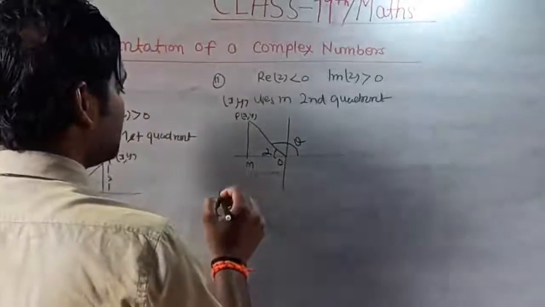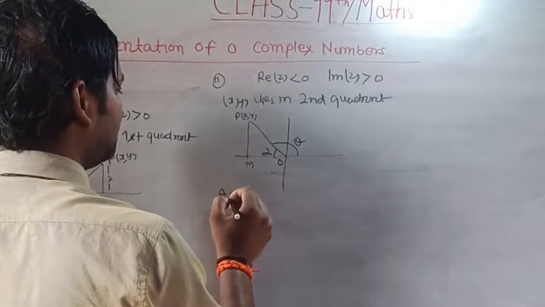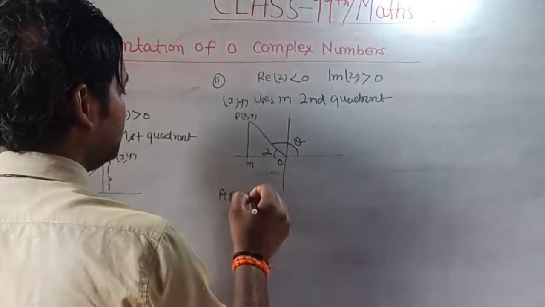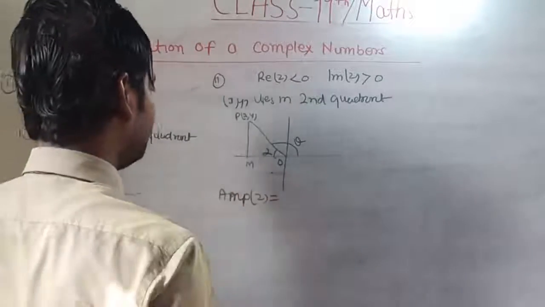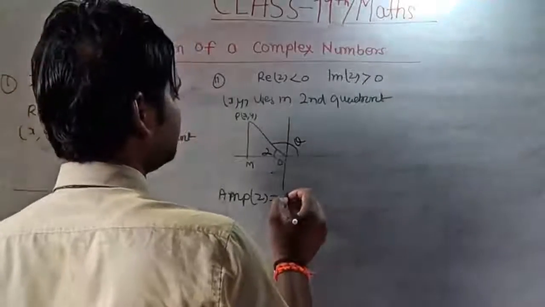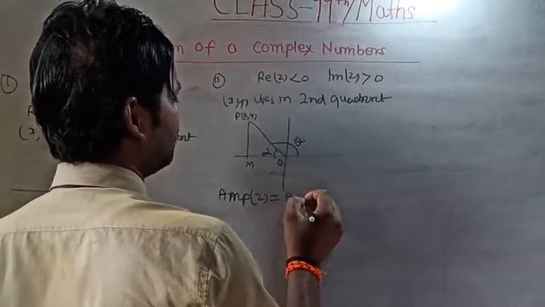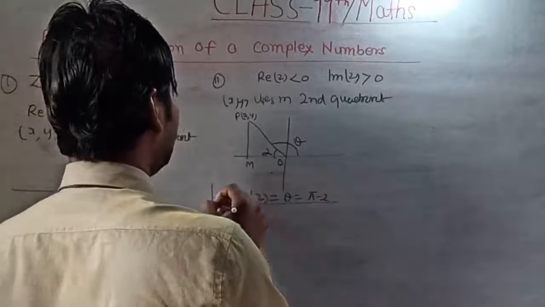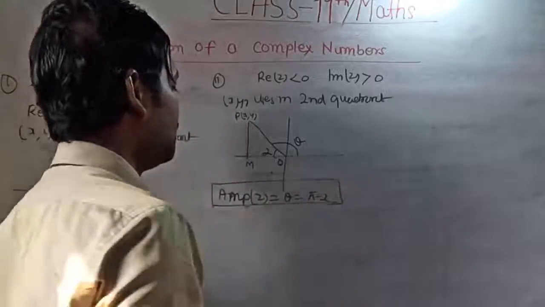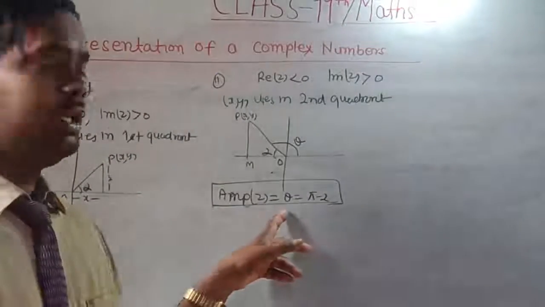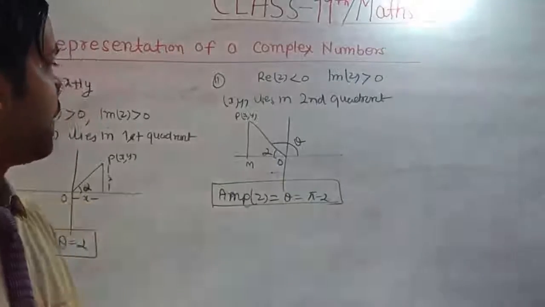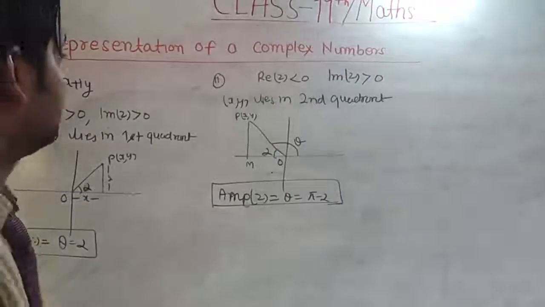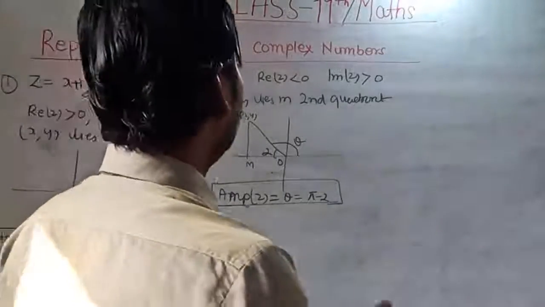So in this case the amplitude of z is theta equal to pi minus alpha. The amplitude is calculated by theta equal to pi minus alpha.